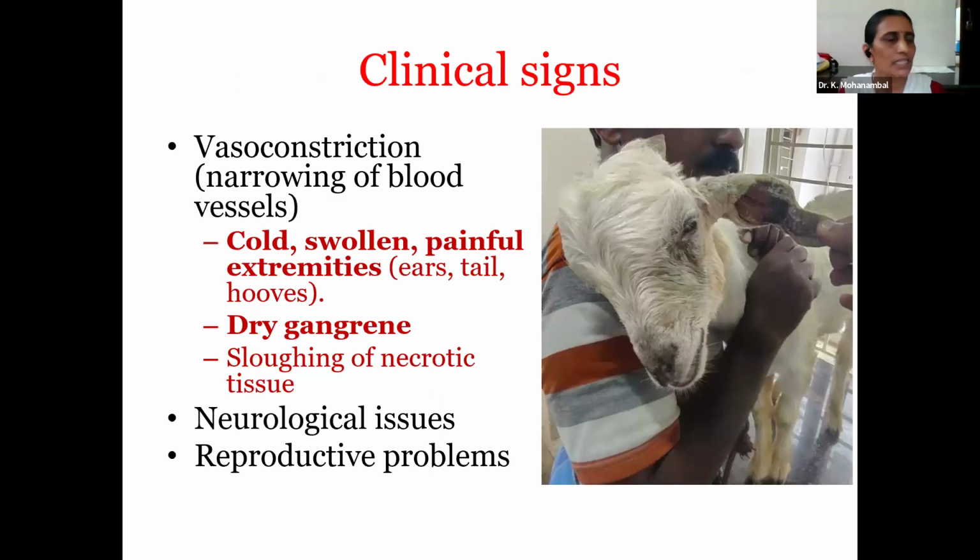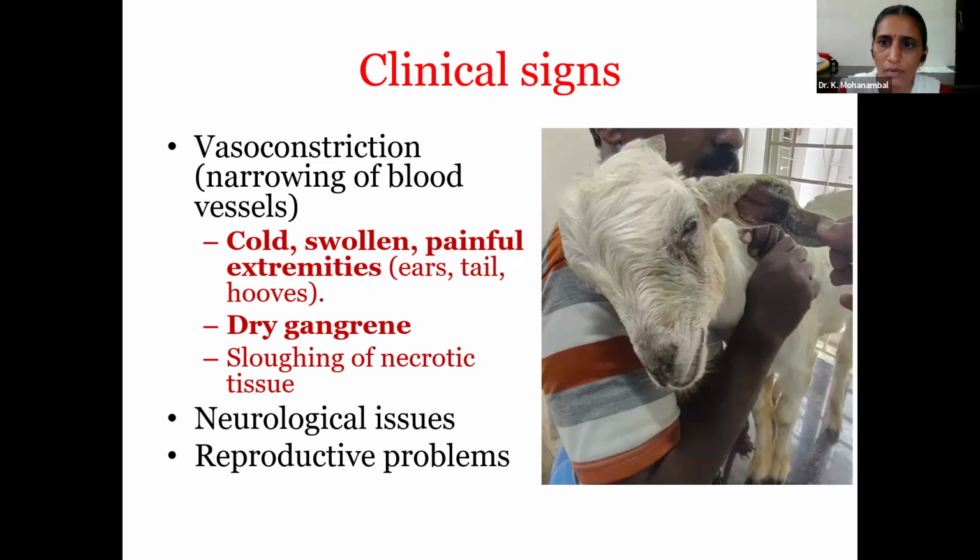The clinical sign of ergotism is vasoconstriction. This is very important. It will cause vasoconstriction because of narrowing of the blood vessels. There are cold extremities, and swollen, painful extremities. Mainly these lesions will be seen in the ear, tail, and hooves. It will cause dry gangrene.